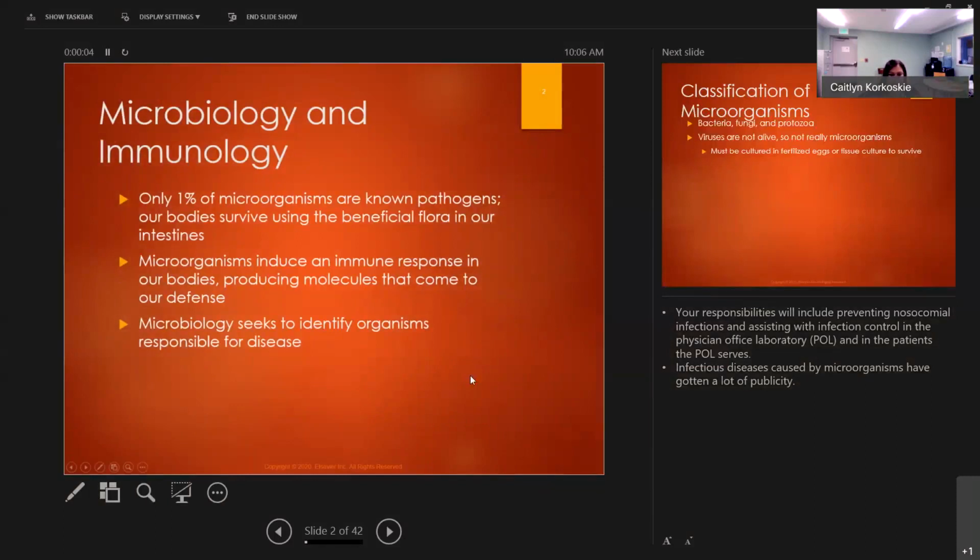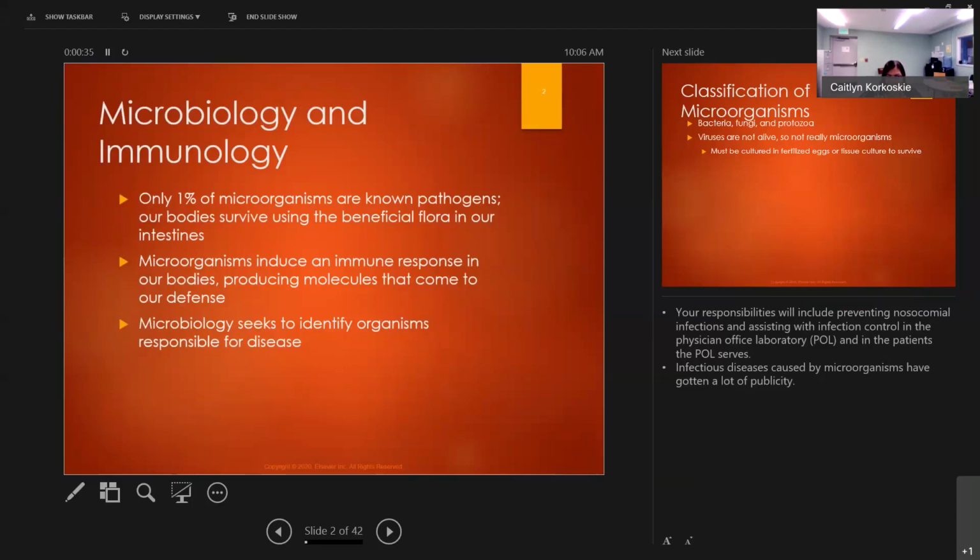Usually they survive in the intestines. So they will induce an immune response in our bodies to produce molecules that come to our defense, like the white blood cells. If we get any bacteria or microorganisms, your white blood cells go to fight off that infection. But microbiologists are identifying organisms that are responsible for a certain disease.